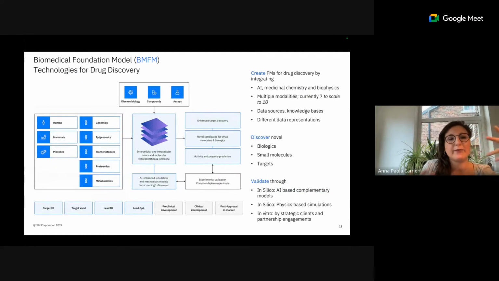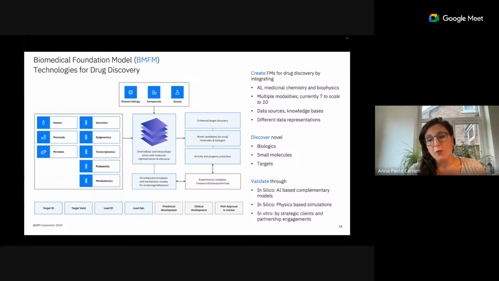As I said, there are many open source foundation models, and every week new ones come out. So it's a very crowded and very competitive research space, but everybody is looking at this.